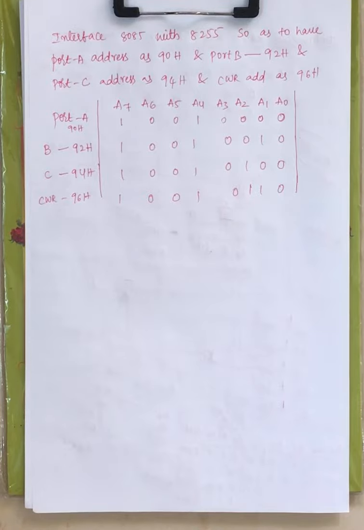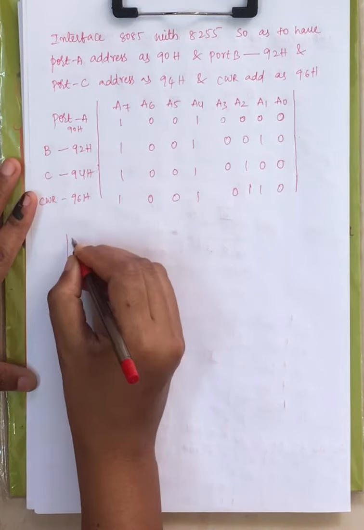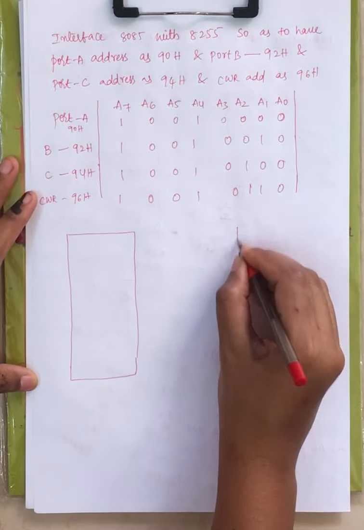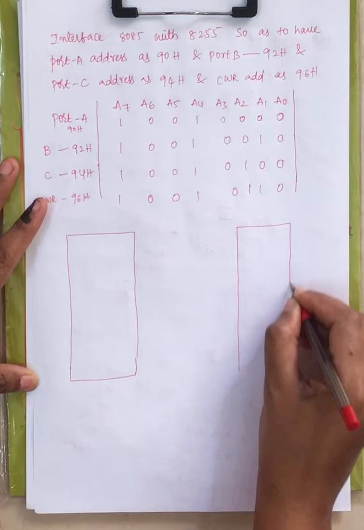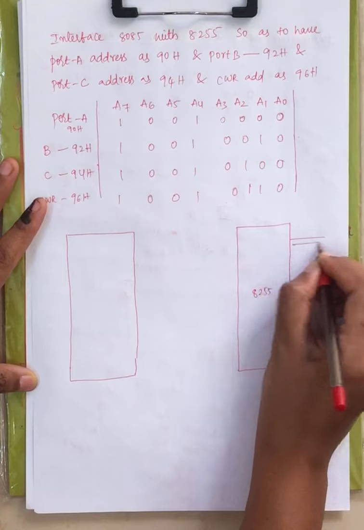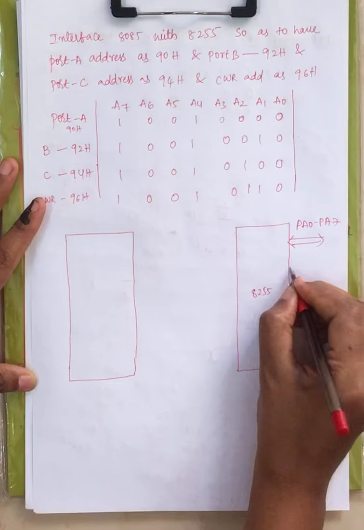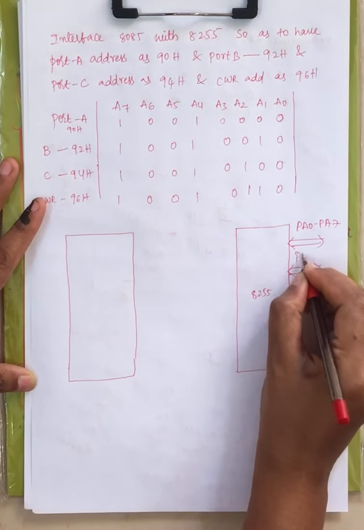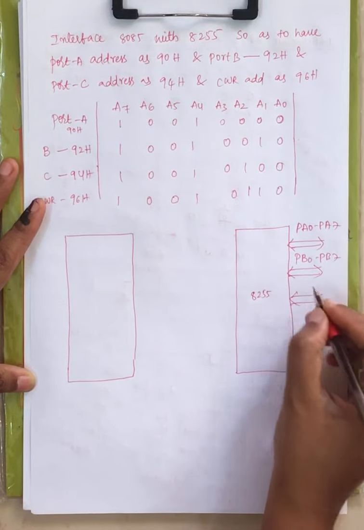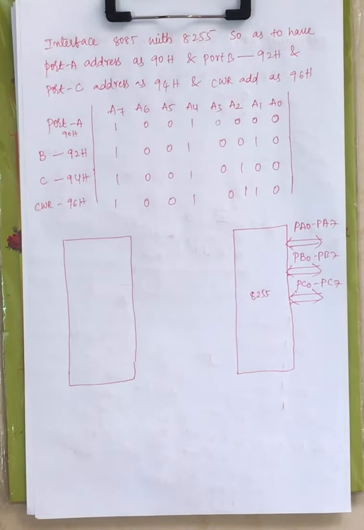Next you have to interface your 8085 with 8255, right? Now first I am drawing the block diagram, nothing but the pin diagram of 8085. Next I am drawing the pin diagram of 8255, right? Now this is 8255. It has port A IO lines, those are 8 IO lines, PA0 to PA7, and next we have port B IO lines, PB0 to PB7, and next port C IO lines, PC0 to PC7. Both upper and lower I have represented in a single form, right?